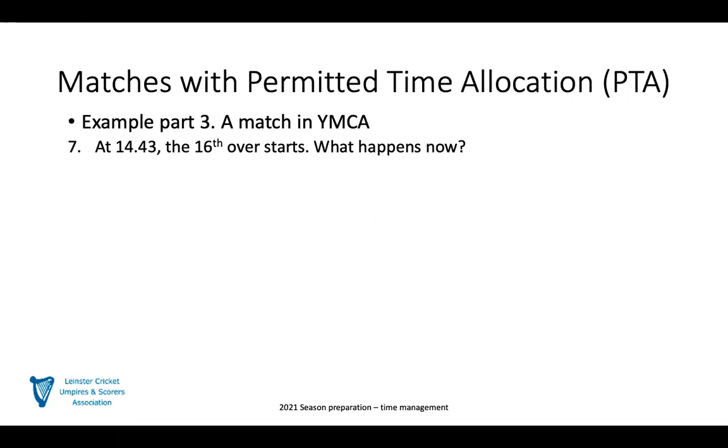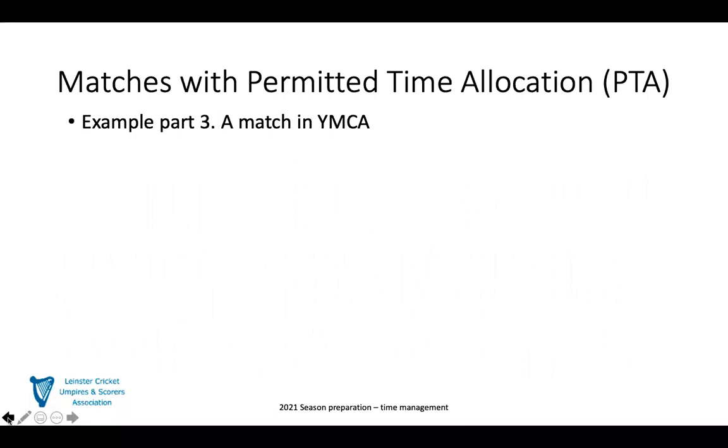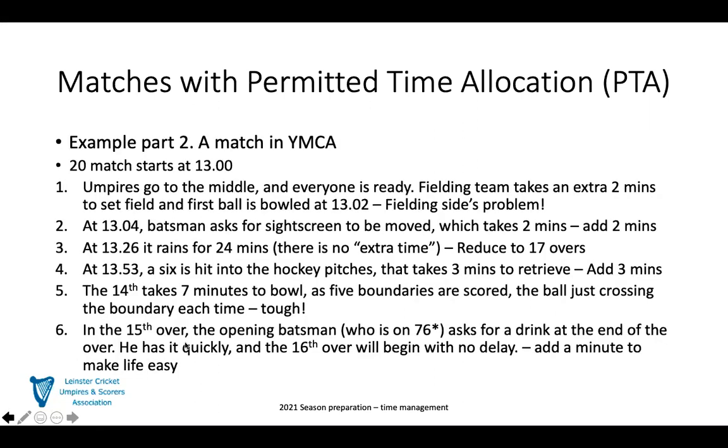No, I didn't. I gave 2 minutes for the sight screen at 1304. I gave the 3 minutes for the ball into the hockey pitches at 1353, was it? And the 15th over, I gave an additional minute for the drinks, which is 6. So that's what I gave.